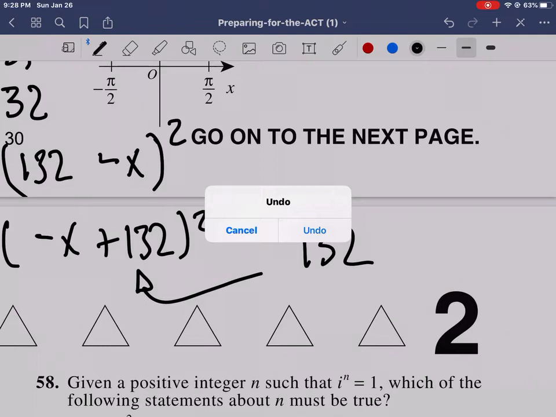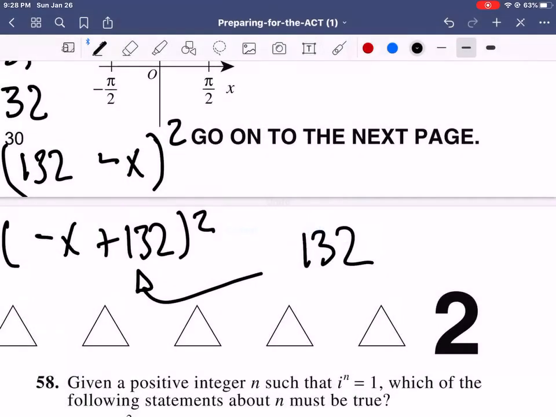And where is this going? Oh yeah, so you just subtract 19 because this isn't working out.